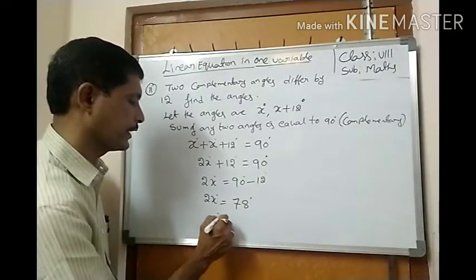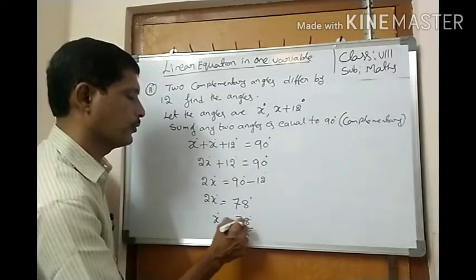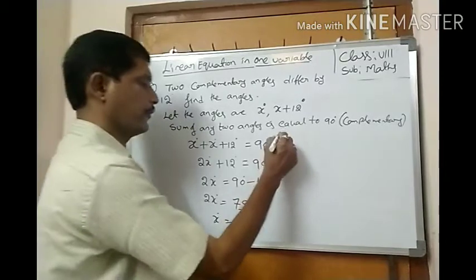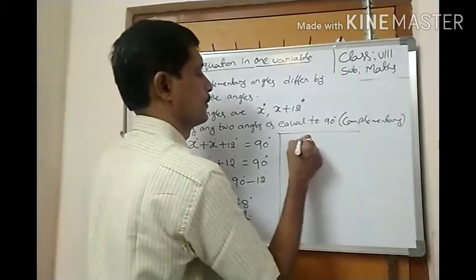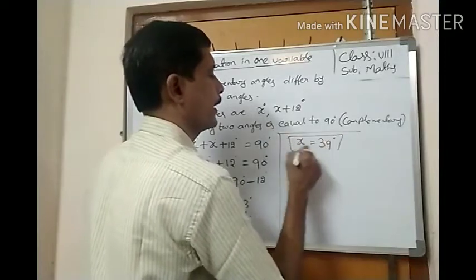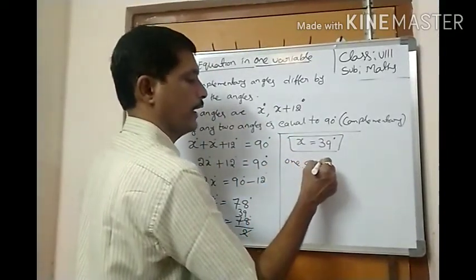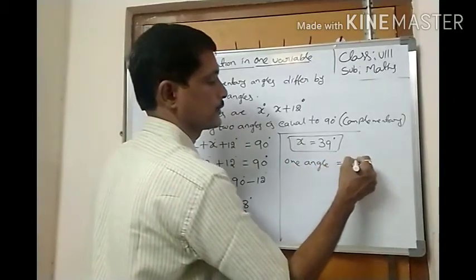Here x degrees equal to 78 degrees by 2. Two 39s are 78. Therefore x equal to 39 degrees. Therefore one angle equal to 39 degrees.